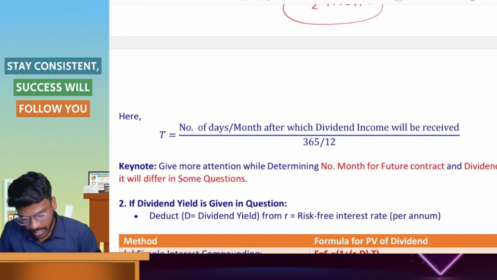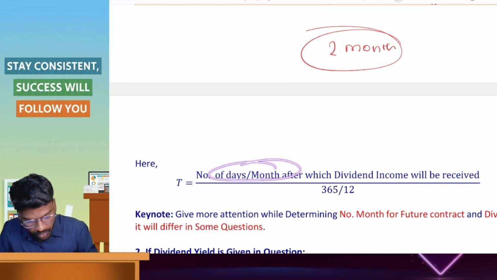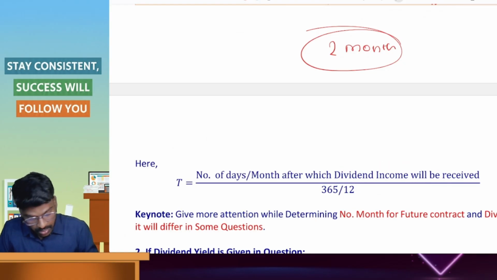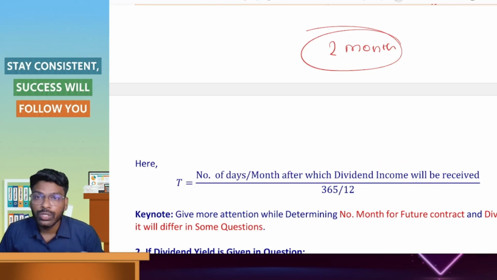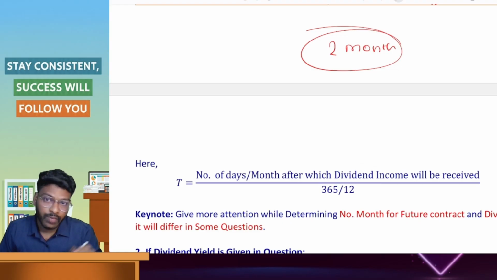Next, in the given case, T means the number of days or months after which the dividend income will be received. In some questions, the dividend period and maturity period will be different, so you have to use the T which is applicable to dividend. For example, dividend can be paid in 2 months, but the maturity period is 3 months.